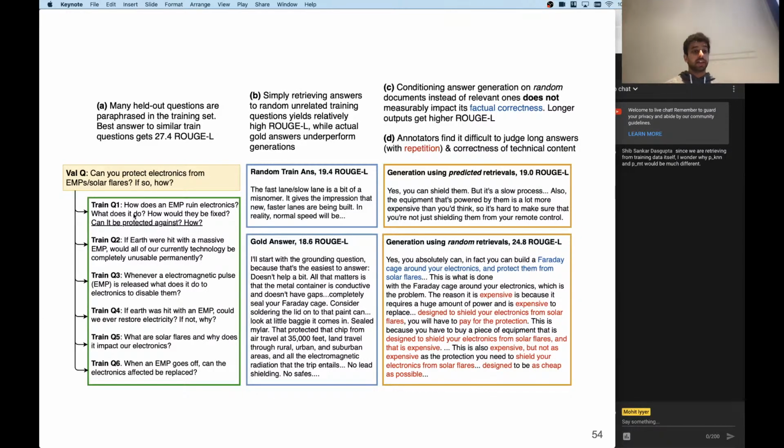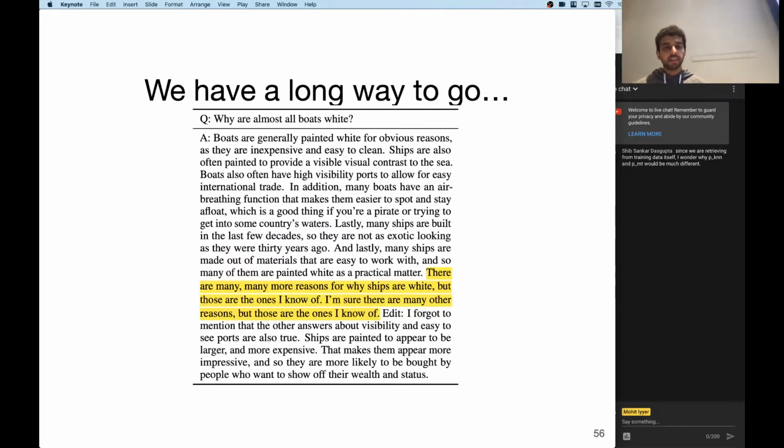You actually need to know how you could protect something from an EMP in order to judge the correctness of an answer. So it's not like you can just go to Mechanical Turk and recruit some random person to rate this answer. You need someone who has expert knowledge or who is willing to learn the concept in order to judge the correctness.